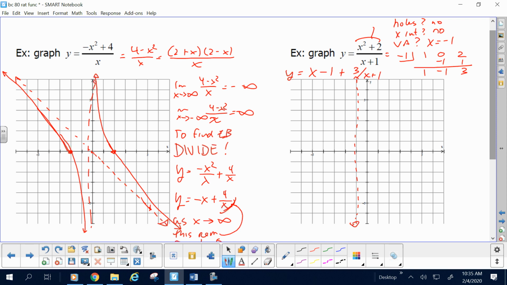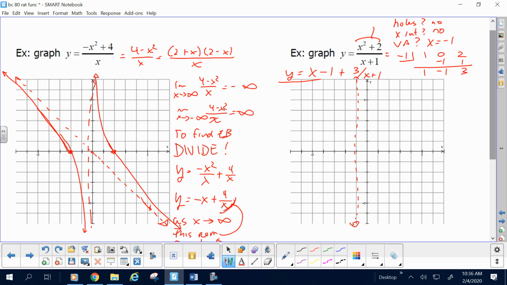Okay. Now, in terms of graphing, again, remember the remainder idea. I'm looking for end behavior, and for end behavior, the remainder gets less and less. When x is a billion, this remainder doesn't mean much. You with me? And so the graph starts to approach just y equals x minus 1.